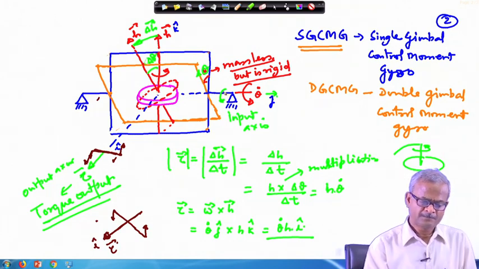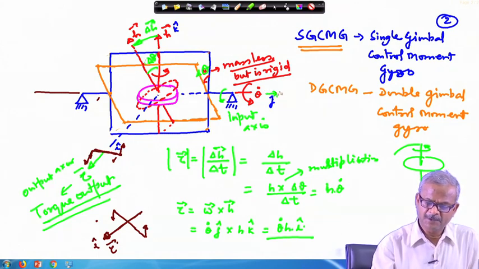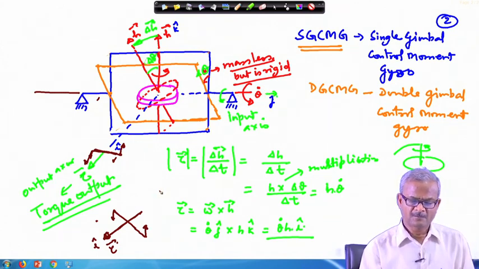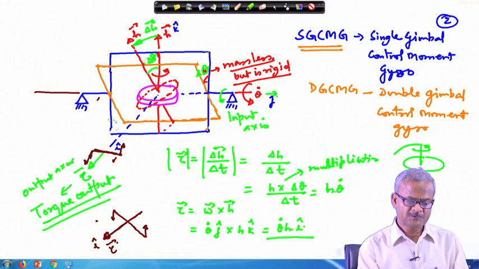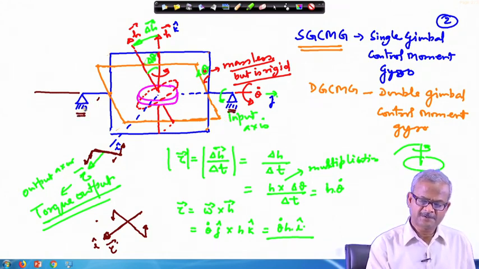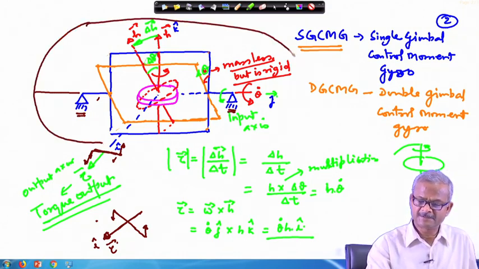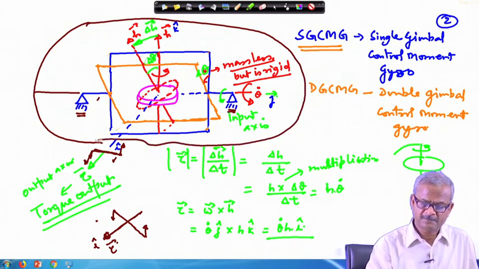So, the axis which is shown here, this axis, will be perpendicular to this. Okay. But here these two axes are fixed to the satellite. Okay. So, these two axes are not free to rotate, and therefore, if this is inside a satellite, say this is the satellite body. Okay.